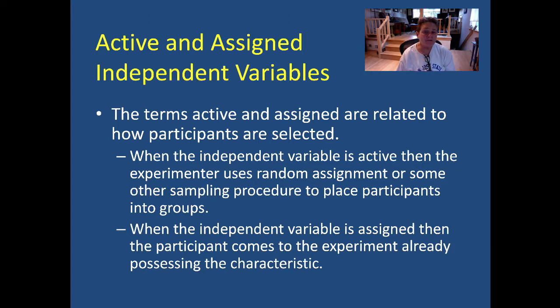In experimental design, a pure experimental design means that all of the independent variables are actively assigned by the experimenter. Subjects are randomly assigned to the groups, again, or some other sampling procedure. In an assigned independent variable, there may be differences between those who take regular session classes and those who take summer classes. Since summer classes are accelerated classes, maybe only good students take summer classes.